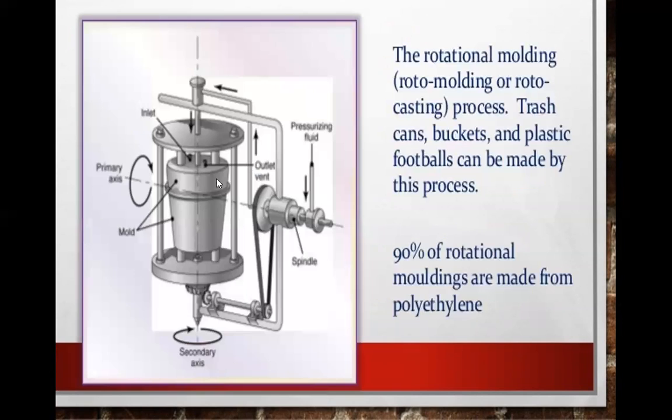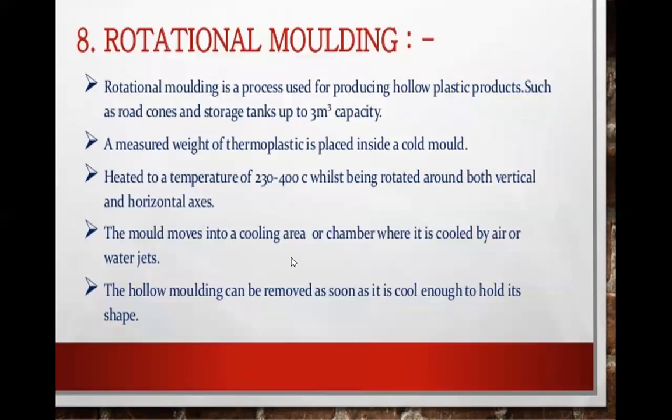The mold is fixed to the rotator, and it is rotated around both the vertical and horizontal axes. The mold then moves into a cooling area of the chamber, where it is cooled by air or water jet. The hollow molding can be removed as soon as it is cooled enough to hold its shape.